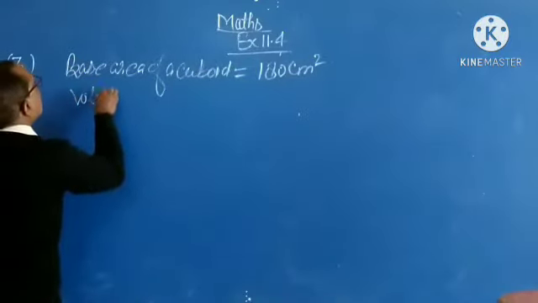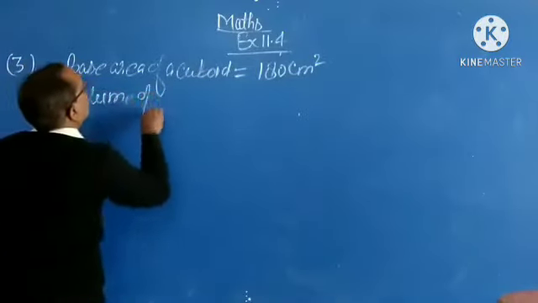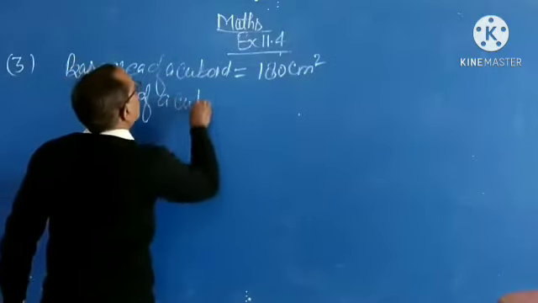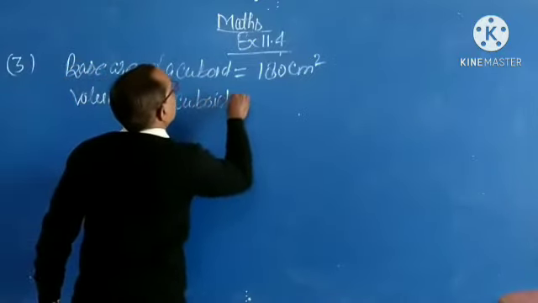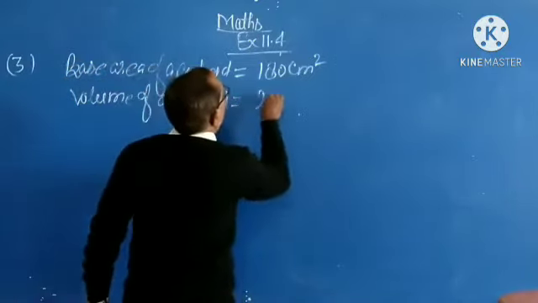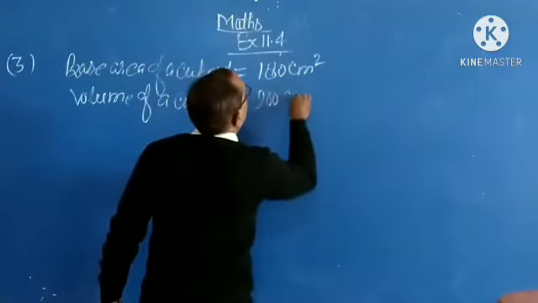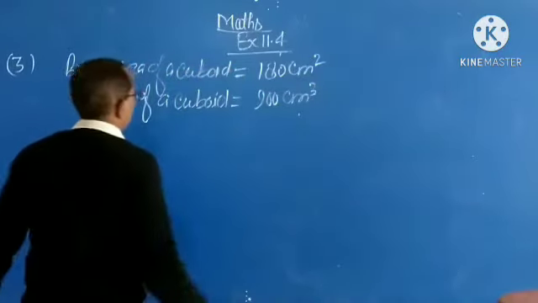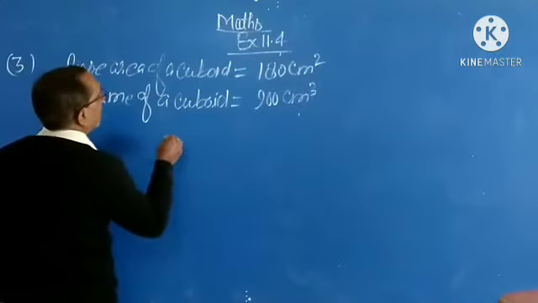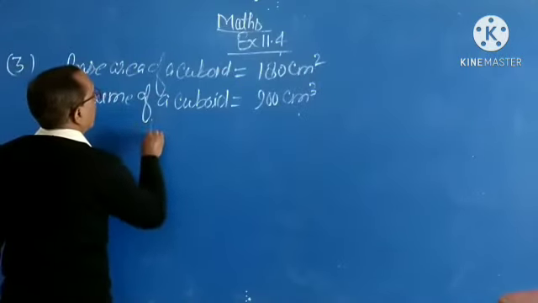Volume of a cuboid is equal to 900 centimeter cube. You find out height of the cuboid.